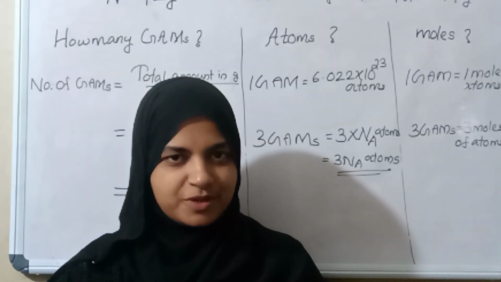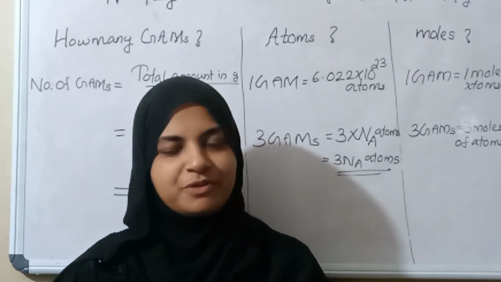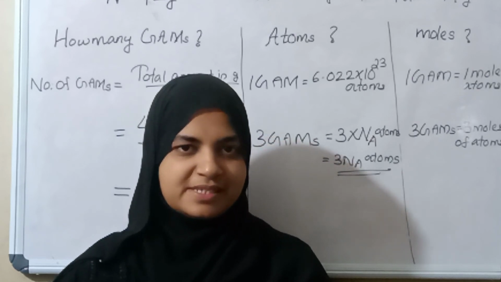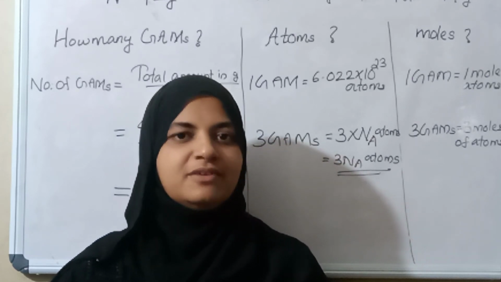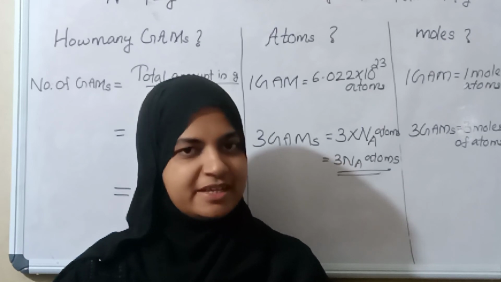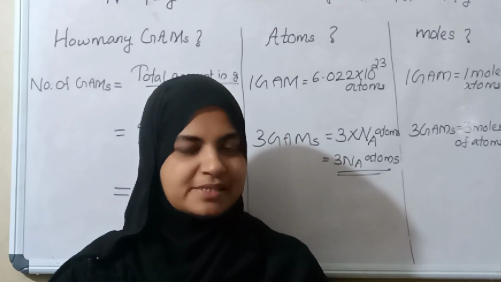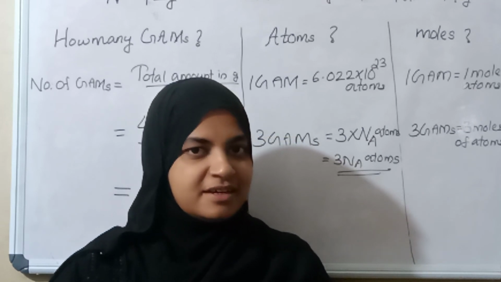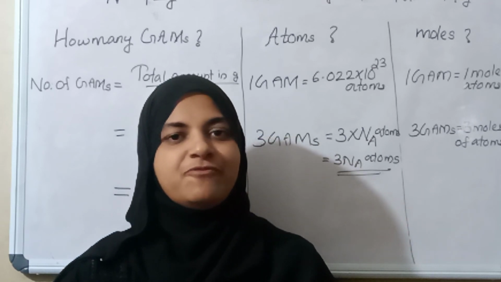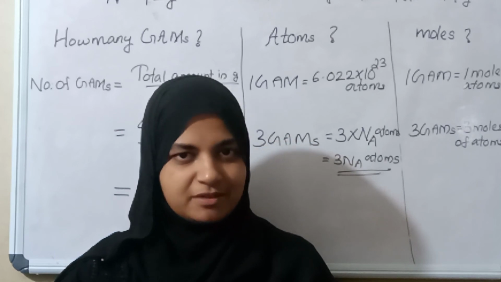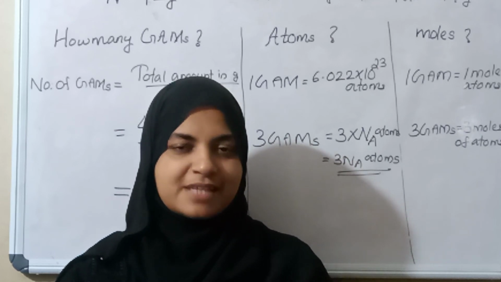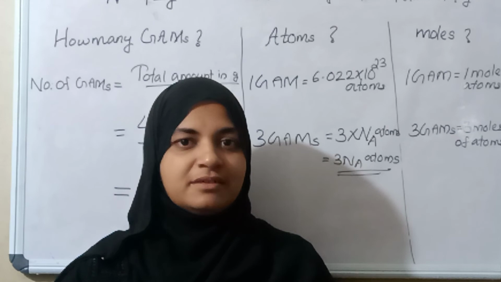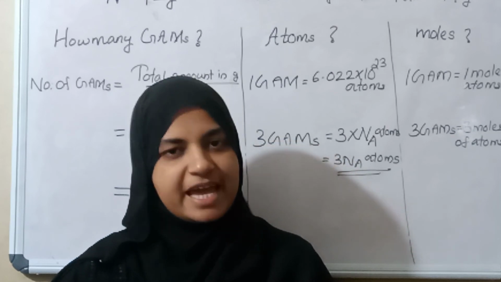Then we can conclude our topic. I think you get a clear idea about this topic. First one is relative atomic mass. Relative atomic mass is not an actual mass. It is an expression of atomic mass by comparing with the standard atomic mass of 1/12th of carbon-12. Then, using this atomic mass, the next topic is GAM.